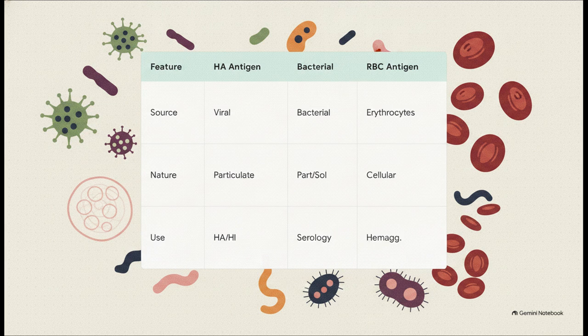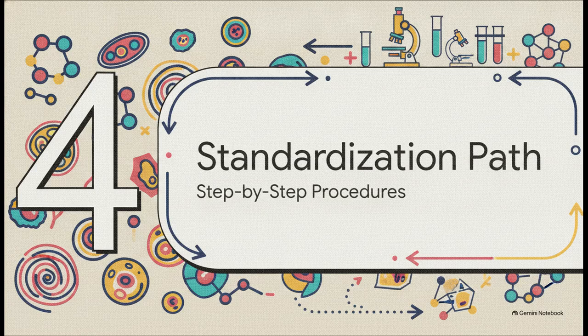And finally, RBC or red blood cell antigens. These are whole erythrocytes carrying surface antigens, and they're vital for passive assays. And this brilliantly illustrates how each of these distinct biological tools, viruses, bacteria, red blood cells, requires its own completely unique validated handling.